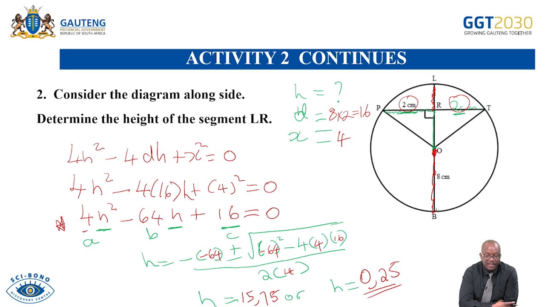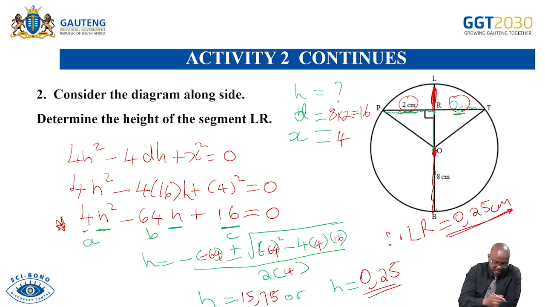So in this case, we know that the smaller one is the one of LR. So it means LR is equal to 0,25 centimeter. That's how you get your LR, because you are having 2 heights there. The one from R to B is 15,75.